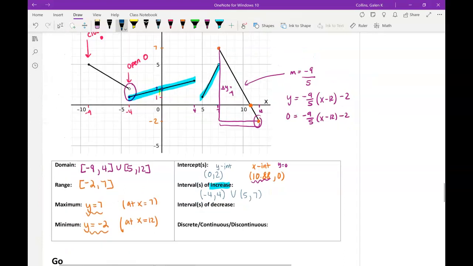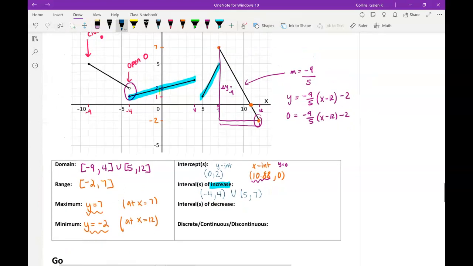For my intervals of decrease, I'm going to highlight those green, I guess. It's this part and this part of the function. That's where we're decreasing, because as I look at the graph from left to right along my x-axis, the y values are decreasing.